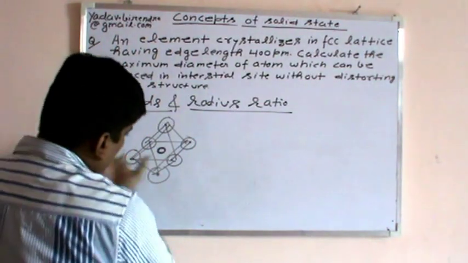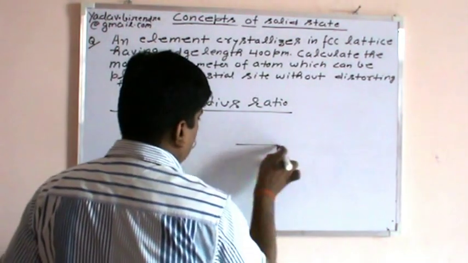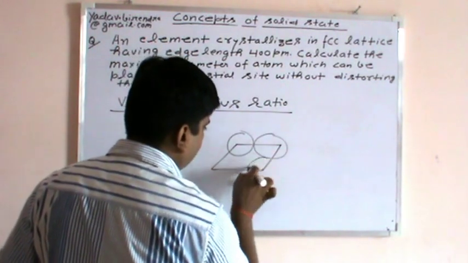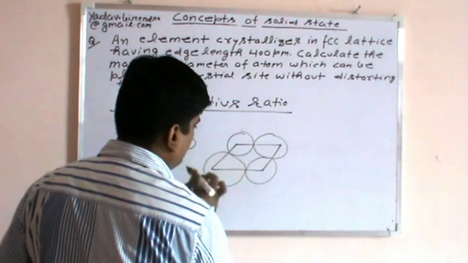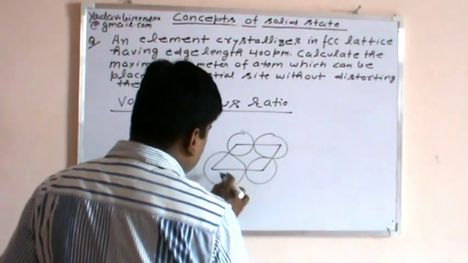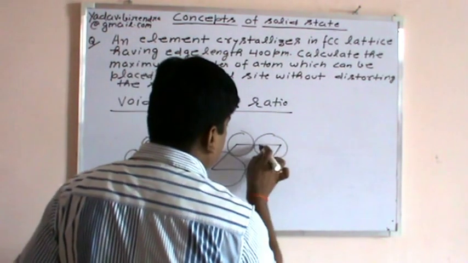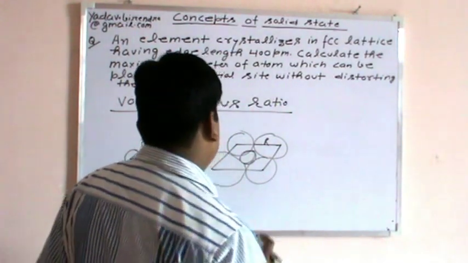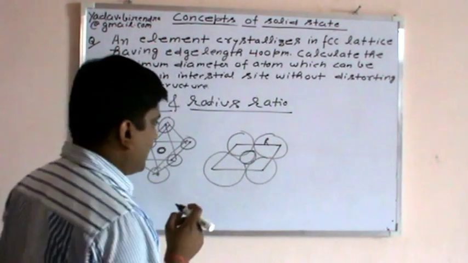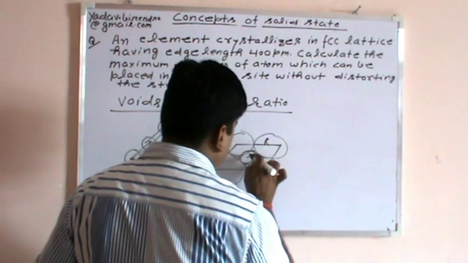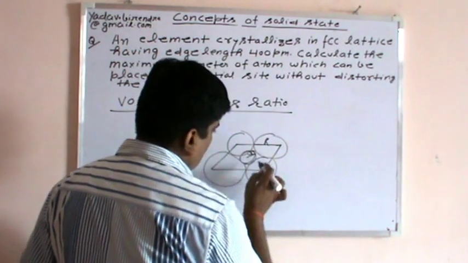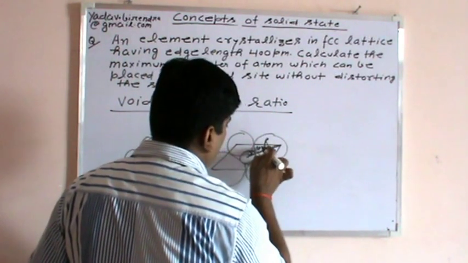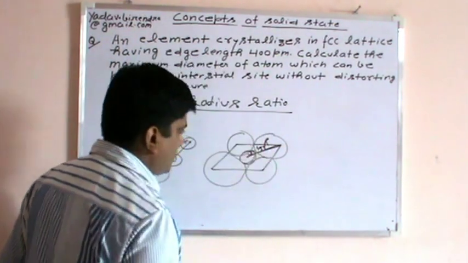If we take a cross-sectional view, we can draw it like this. Let the radius of the atoms be capital R, and let the radius of the atom placed inside this octahedral void be small r. So if I draw this, I can say this angle is 45 degree. This is basically a square.